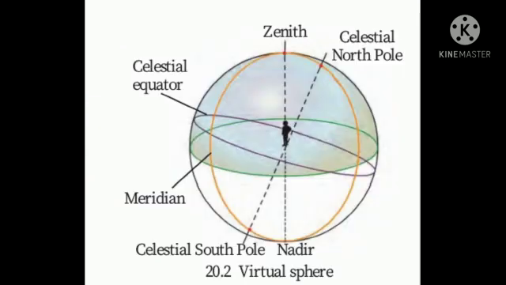Observe this figure carefully. Virtual sphere. In that we have zenith, nadir, celestial poles, meridian, celestial equator, ecliptic, sky, space, rising and setting of celestial bodies. All this we will see in detail.